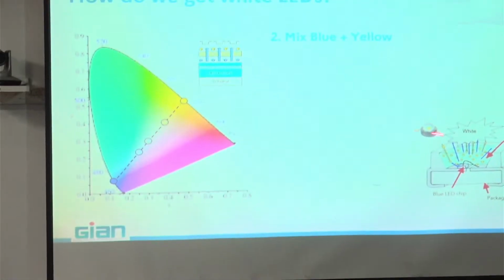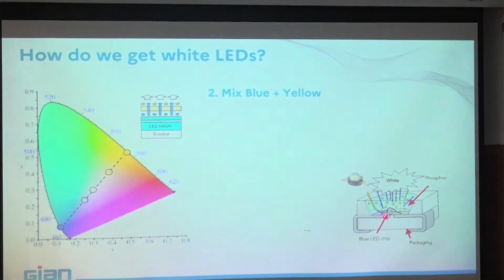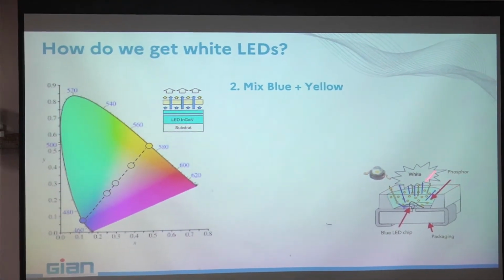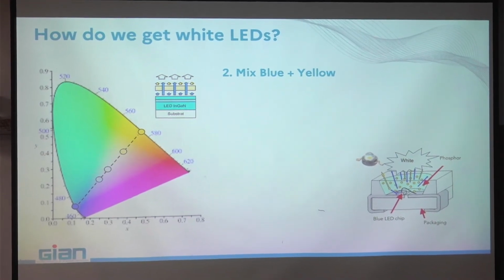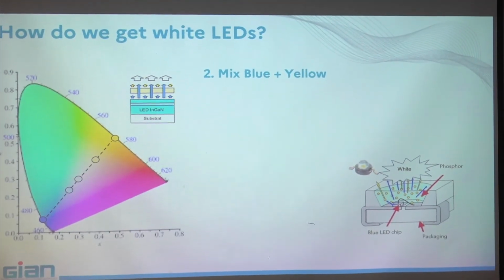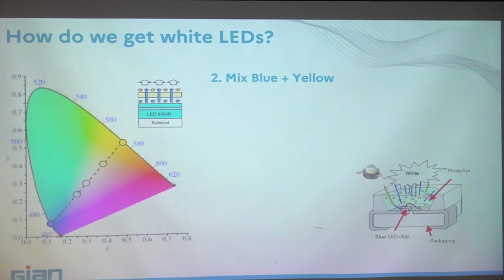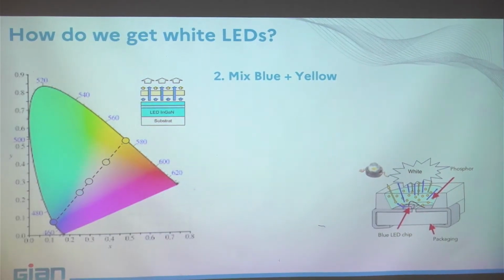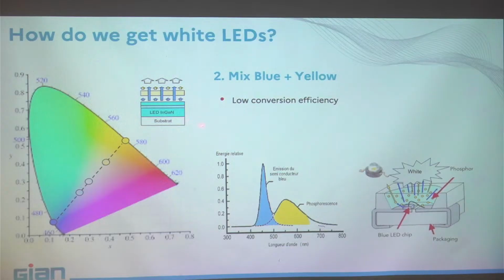Let's continue, and this is the way that it works. The blue chip, and on the top, initially we put the yellow phosphor, and you obtain white light. But initially it had some problems. The conversion was very low because, this is the emission of the blue LED, and you have to find materials that have enough overlapping with the blue area.